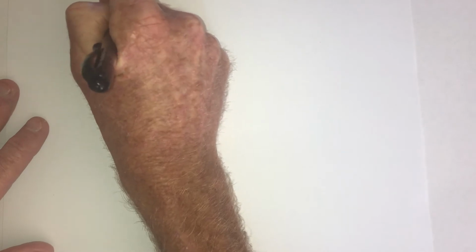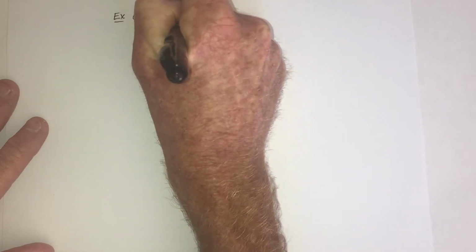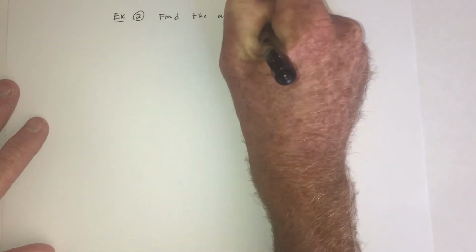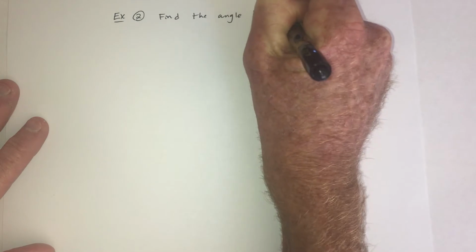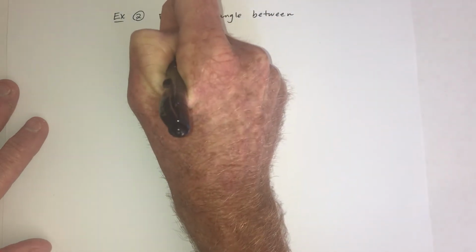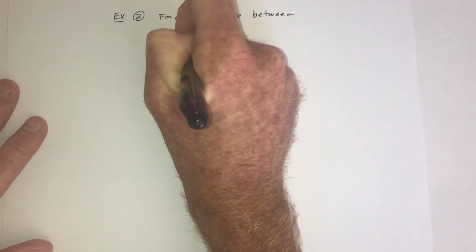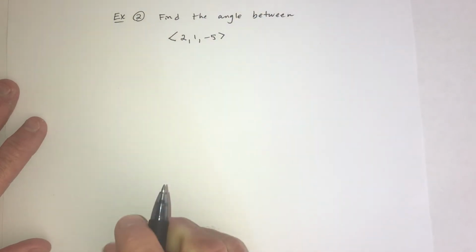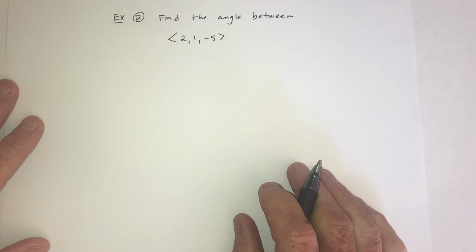So for example number 2, find the angle between these two vectors. So how about 2 comma 1 comma negative 5? So it can be done in 2 dimensions or 3 dimensions.